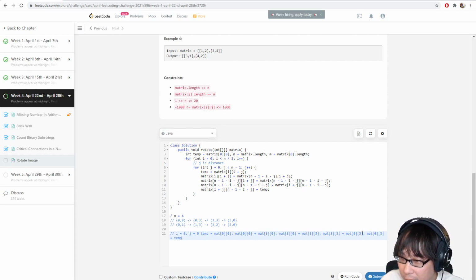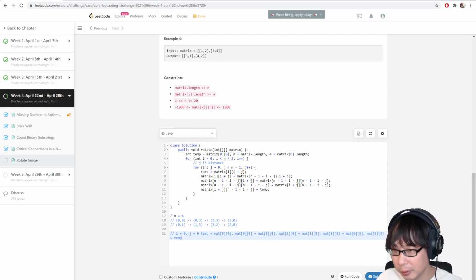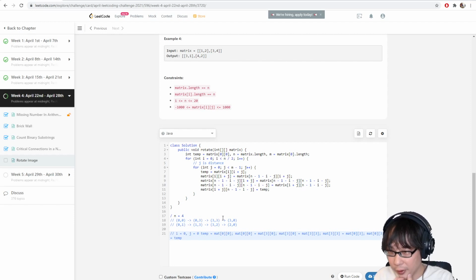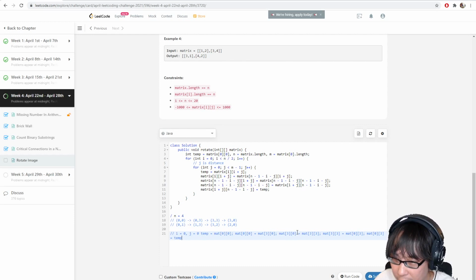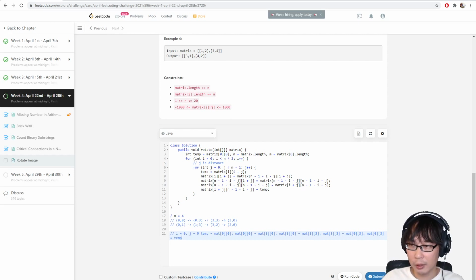So 0,3 equals temp, which is 0,0. Our 0,3 moved to 3,3, is that right? So 3,3 is 0,3. Our 3,3 moved to 3,0, so 3,0 is 3,3. So it looks correct when j is 0.